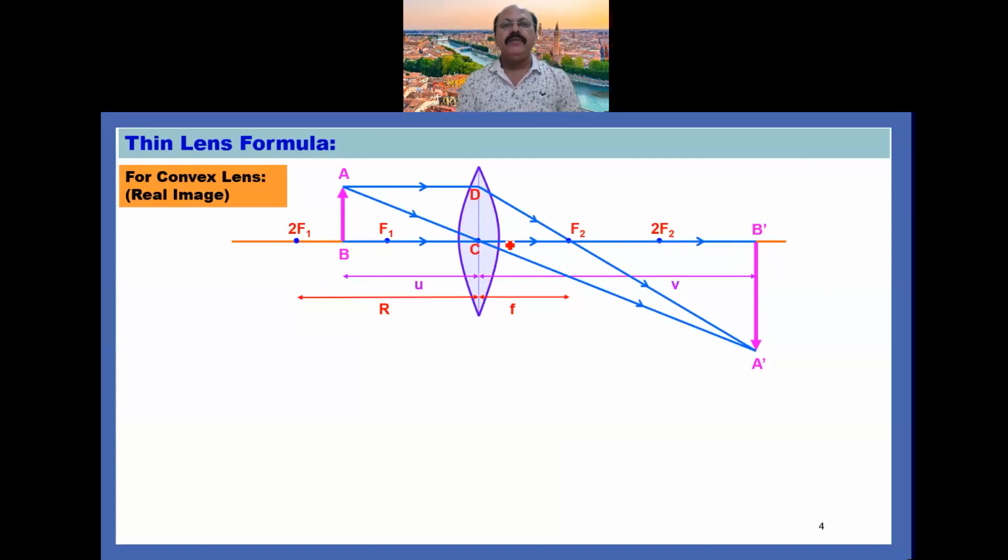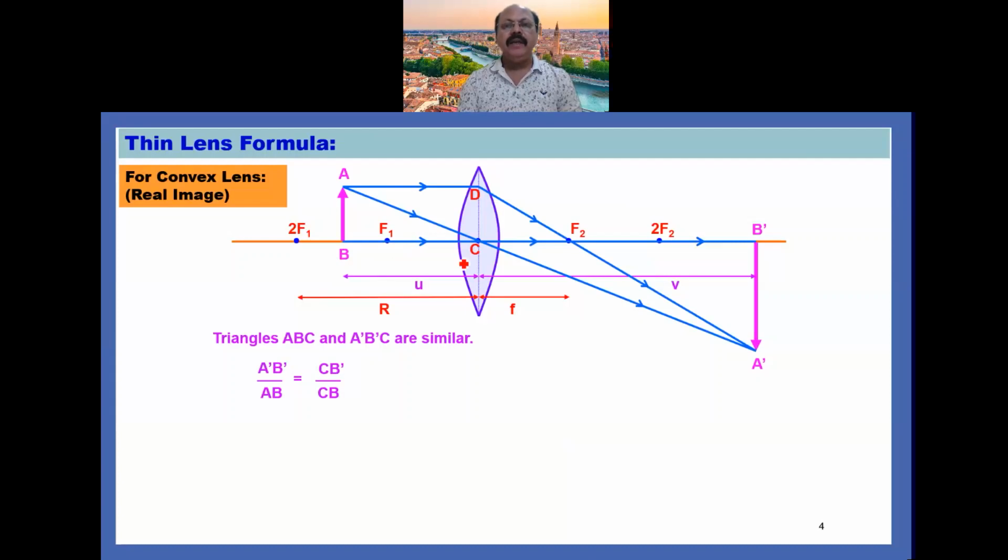Now how can we derive the formula? For that purpose we take the triangles ABC and A dash B dash C. They are similar triangles, so we use the property of similar triangles. We can write A dash B dash upon AB equal to CB dash upon CB.